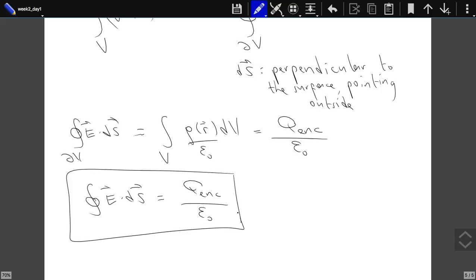Okay, one point that you should pay attention to here, the electric field is the electric field created by all the charges, whether it is inside the volume or outside the volume. Whereas on this side, this is only the electric field inside my volume. So here, this is the electric field created by all charges. Here on the right-hand side, we only have the charges that are inside my volume.